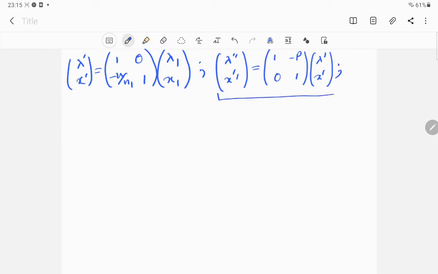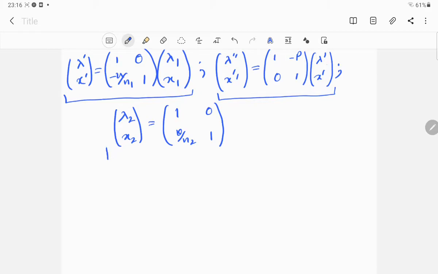This is the second statement. Then λ2 x2 is equal to 1 0, v by n2. This is the third statement. So we will combine all of this.